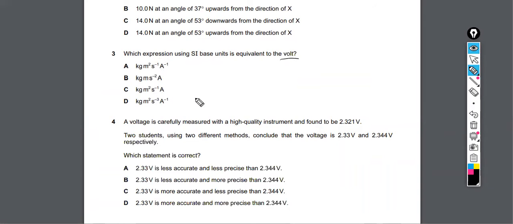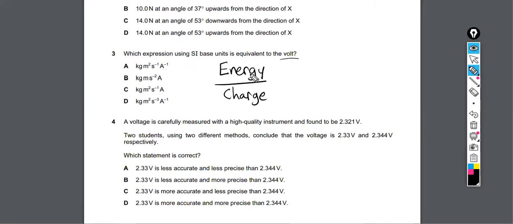A voltage is carefully measured. So while we're thinking about it, voltage is the energy per charge. We kind of have a sense of voltage because, oh, a 9-volt battery, but in physics, we have very precise definitions. As charges go around a circuit, they get energized by a source of energy, like a battery, a generator, the plug in the wall.